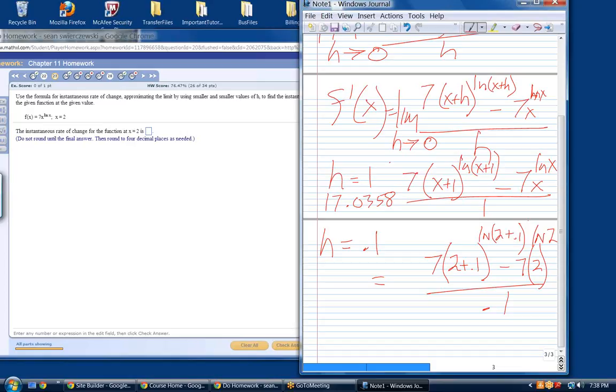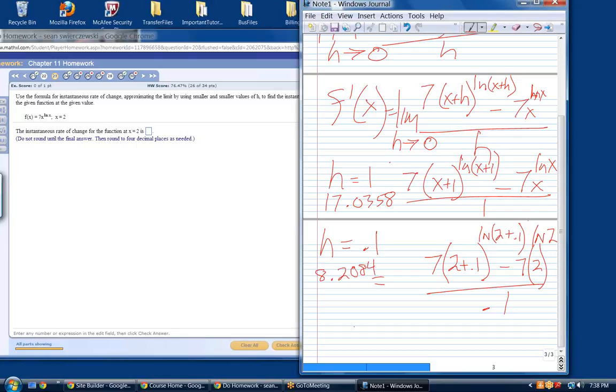And I have an app on my smartphone that does this kind of stuff, but I got to use that virtual keyboard, and it's almost impossible for me to do anything without making a mistake. 8.2084.